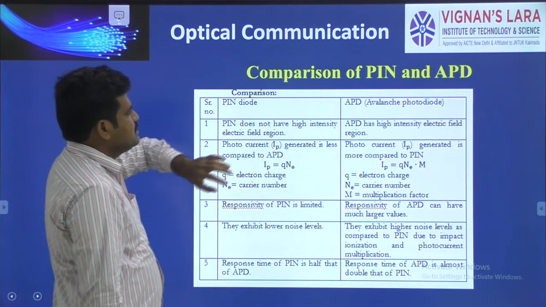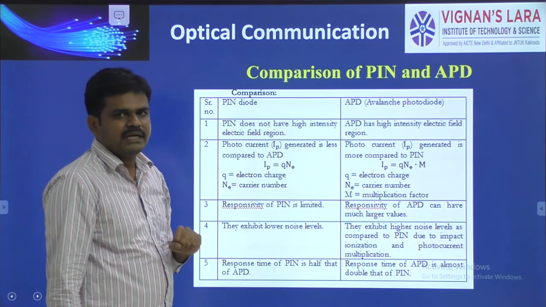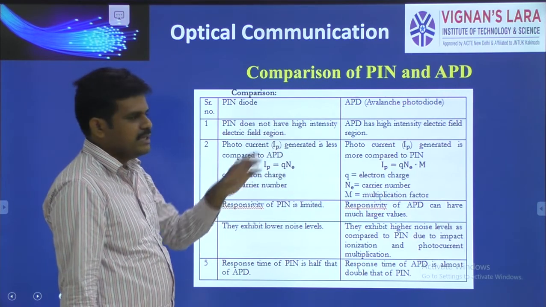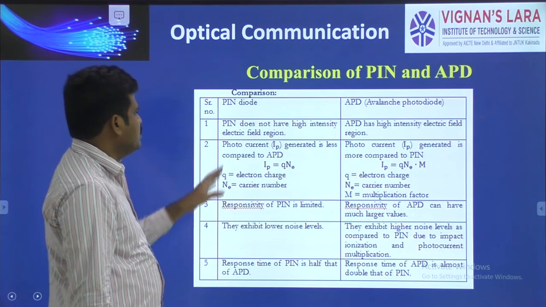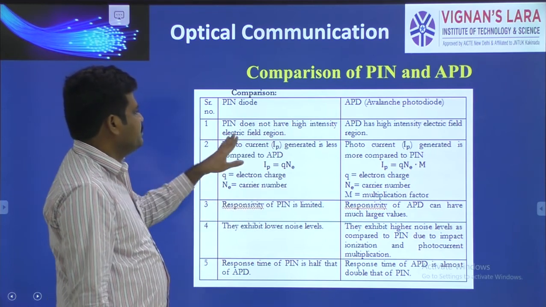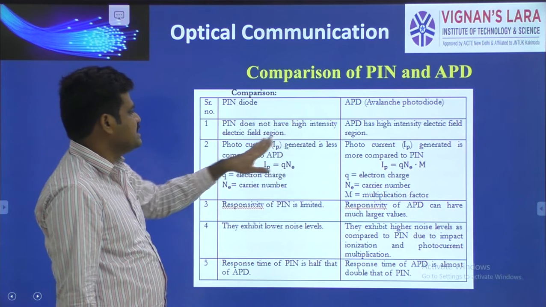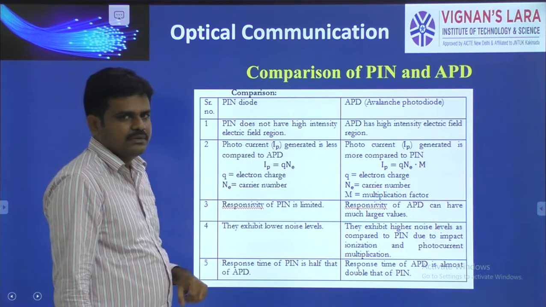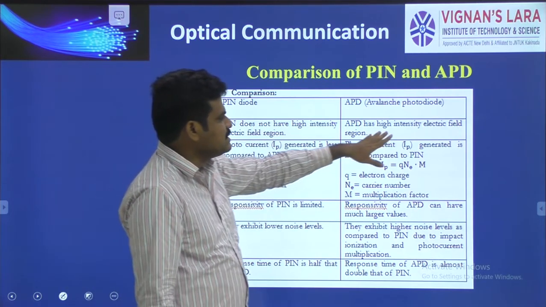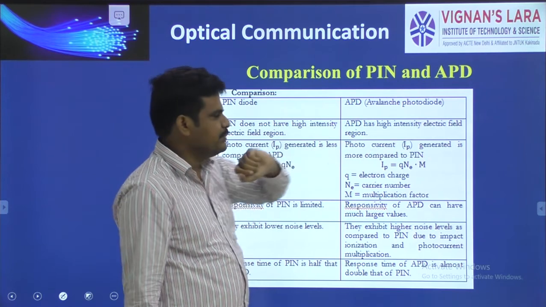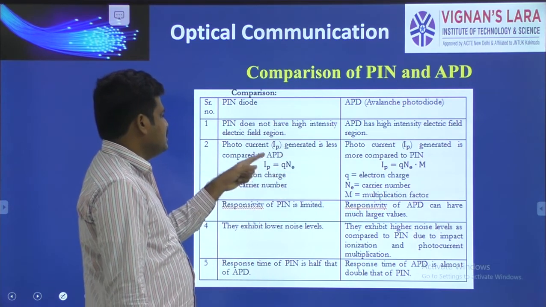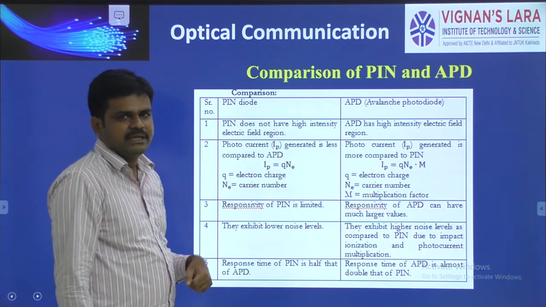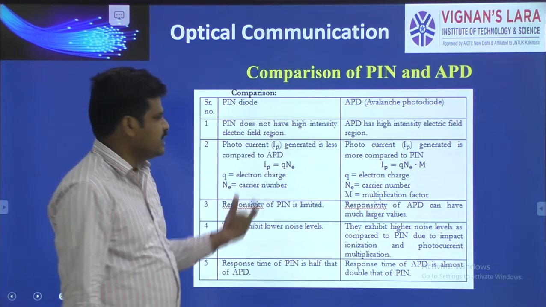Next one is the comparison of PIN diode and APD, that is avalanche photodetector. You can see here the PIN diode doesn't have a high intensity electric field region, whereas the APD has a high intensity electric field region. The photocurrent generated is less compared to APD. What is the reason? This is the PIN diode.